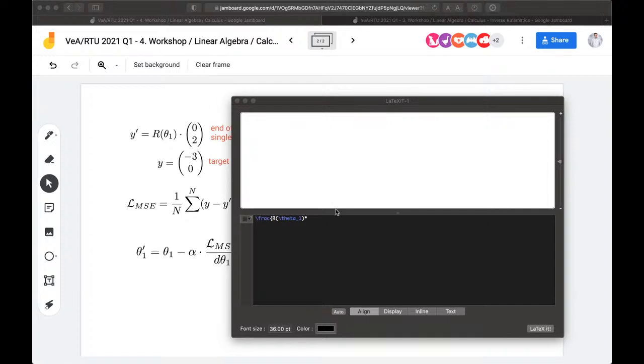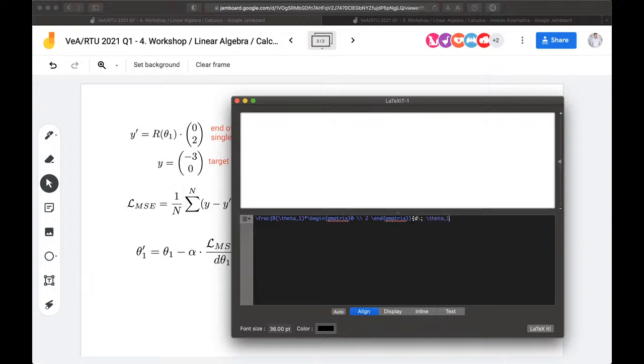P matrix. Okay, cool. P matrix. Then this is 0 and 2 and P matrix. And the frac of d theta 1, and we need to find out what this output is. Okay, cool. Oh, sorry, the multiplication is actually the dot product, and you don't usually write it like that.